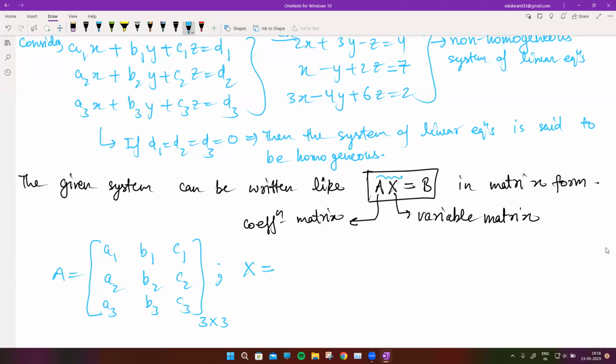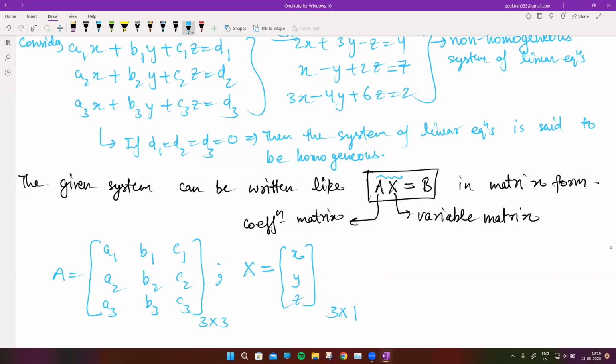So I don't know the order of X, but I do know there should be 3 rows in X to multiply A and X, right? This will actually be a column matrix, a column matrix of X, Y, Z, a column matrix of all your variables. So the order would be 3 cross 1.